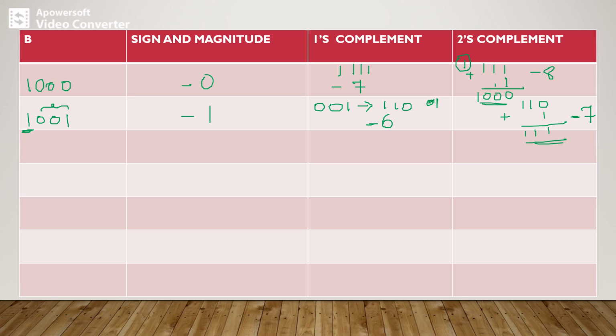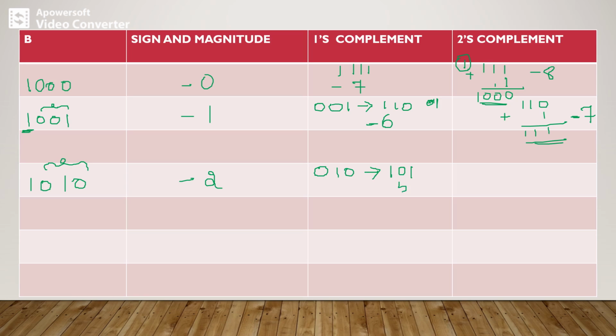Similarly, we can take the next number as 1, 0, 1, 0. The magnitude is 2 and the sign is minus. I'll consider the magnitude and preserve the sign as it is. The magnitude is 0, 1, 0. Complementing each bit gives 1, 0, 1.